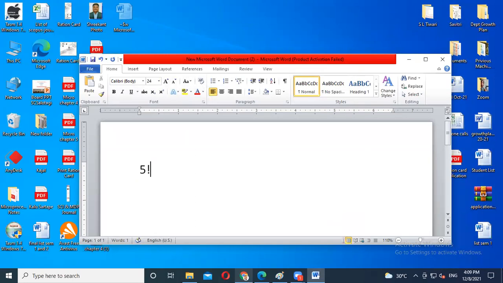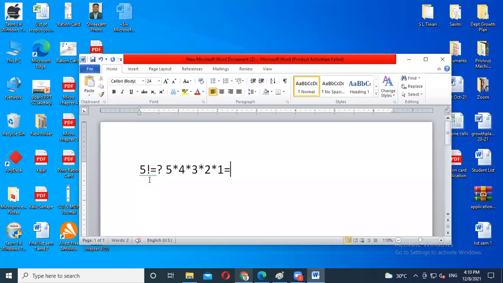Factorial of 5 is 120. How are we going to calculate 120? It means 5 into 4 into 3 into 2 into 1, right?